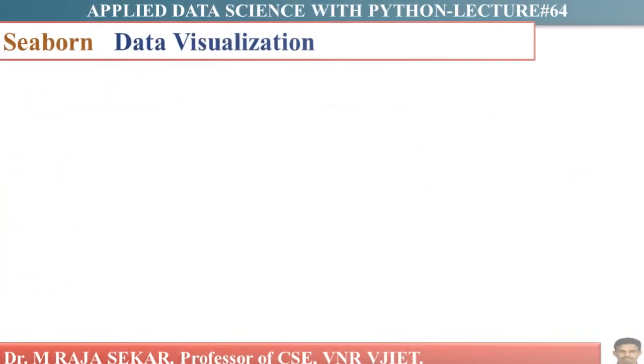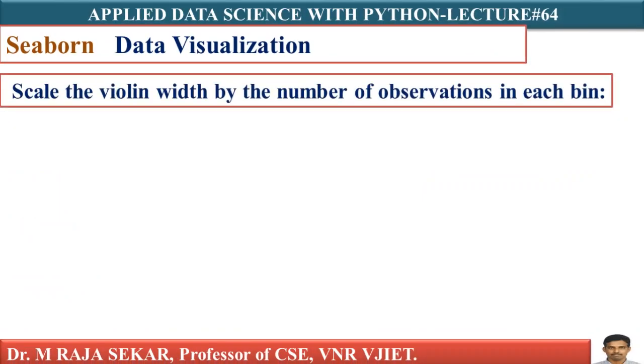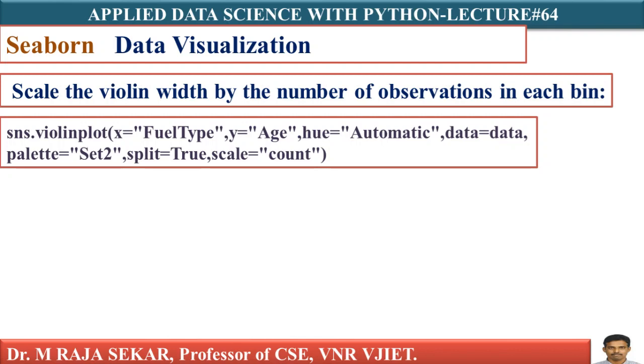Let me take one simple example. Just see, scale the violin width by the number of observations. Actually we were discussing three possible options: area, count, and width.